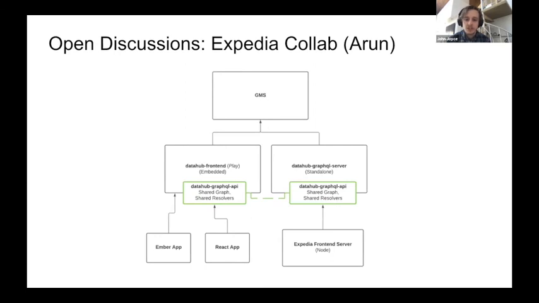And this is the overall picture here, where you have the Expedia Node server and the Ember and React apps in the picture as well. Yep, that's pretty much it. Thanks, Arun, appreciate it.